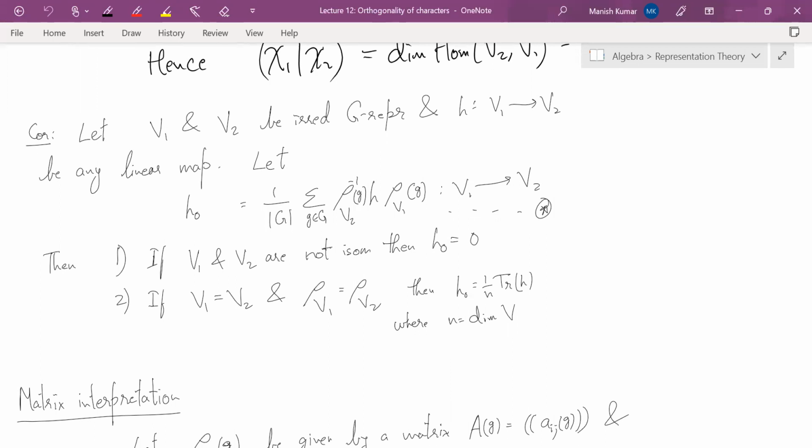He deduces some consequence of the matrix interpretation. So we will just see what the matrix interpretation is, and that leads to Serre's proof.